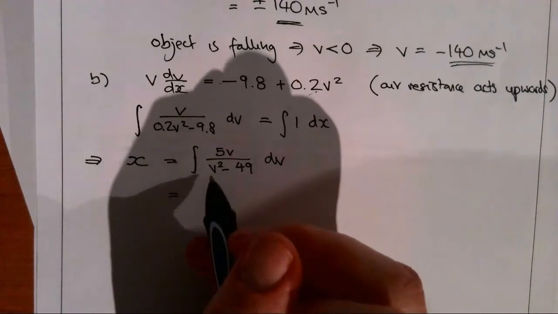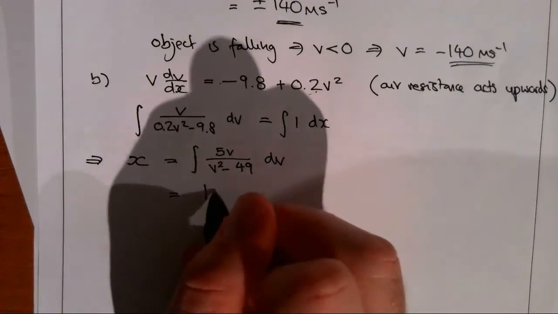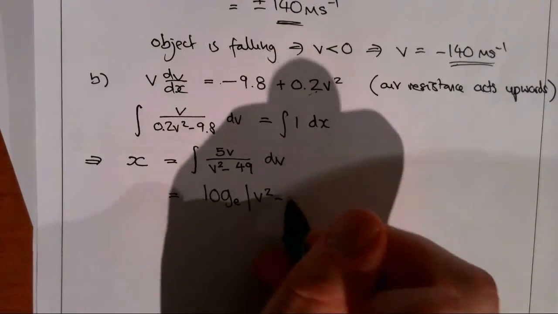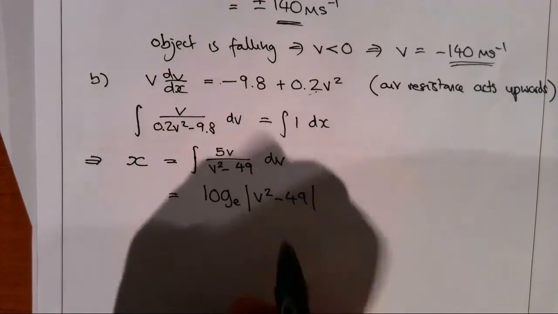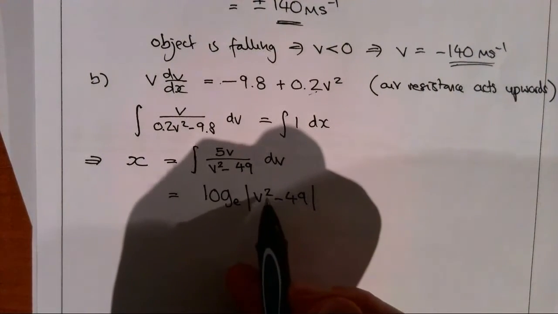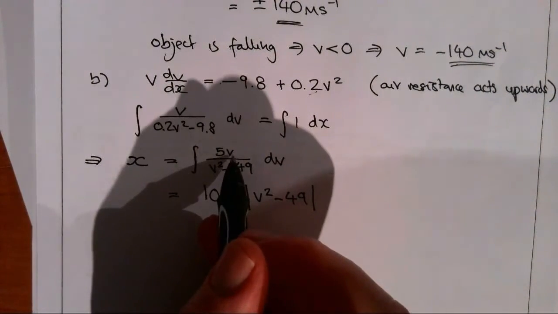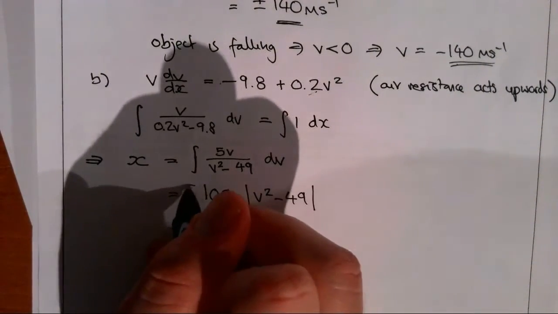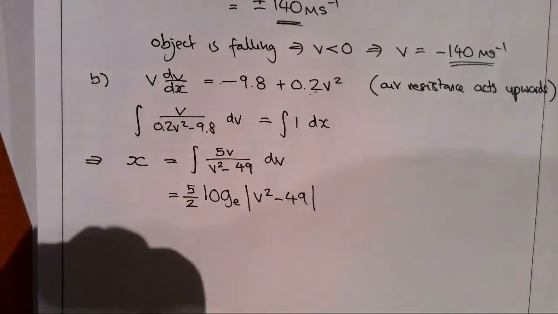But we need to balance the coefficient. So if I think, is it going to be close to log of v squared minus 49? Well, if I were to differentiate this, I would get 2v on the numerator. Instead, I've got 5v. So what I need to do is multiply by 5 over 2.